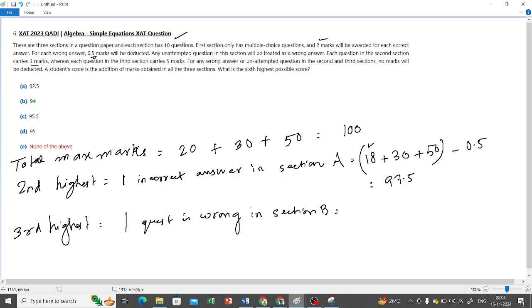All questions are correct in section A, which is 20. All questions are correct in section C, which is 50. And in section B, one question is wrong, so 9 are there. Each has 3 marks, so 27. Right? 97. There is no negative marking, because it has been said that in section B and C there is no negative marking. So 97. Did you understand till here? Just below 97.5, 97 is the highest marks that he can get.